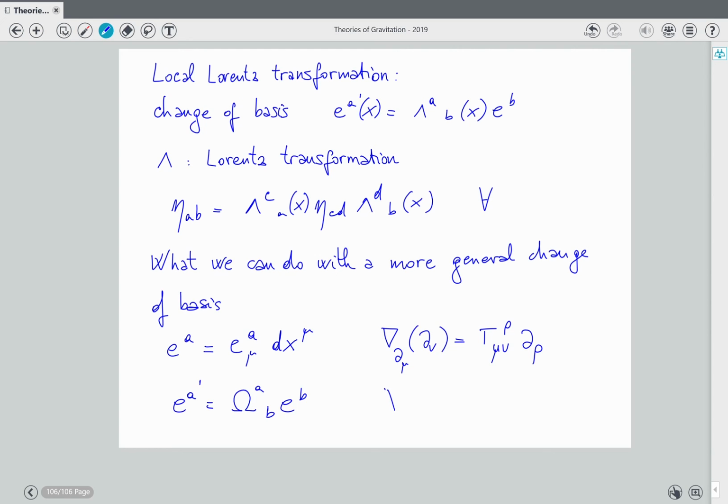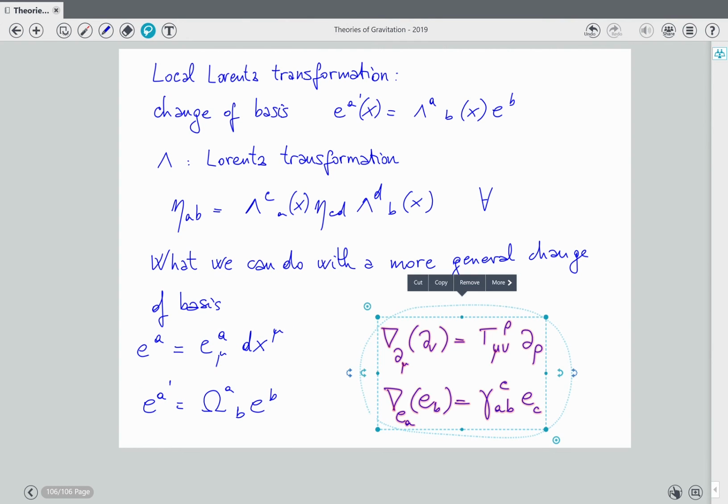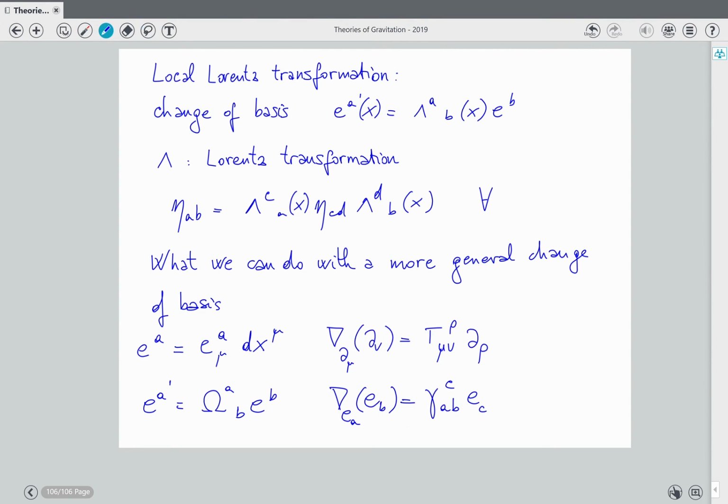In the other basis, we had those objects that allowed us to define the spin connection. So let me do some trick here. These objects define the spin connection.